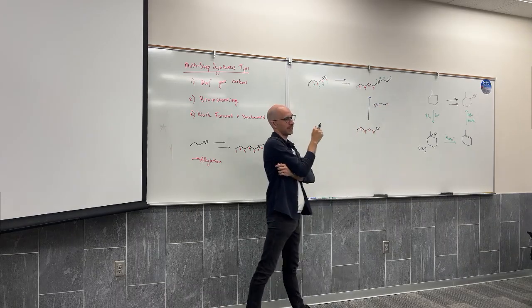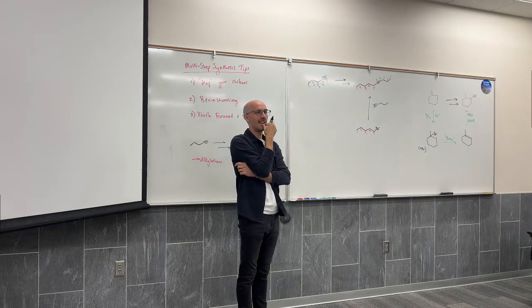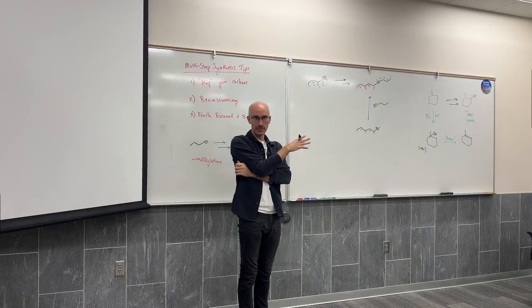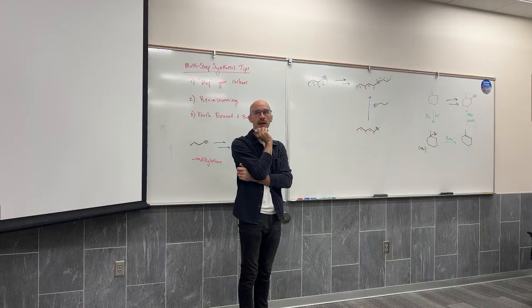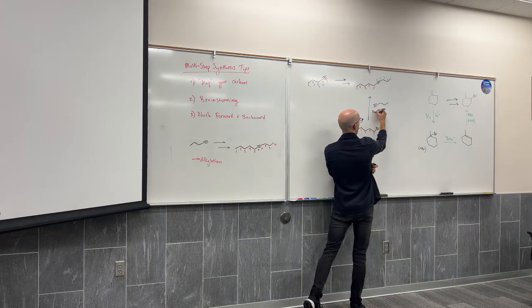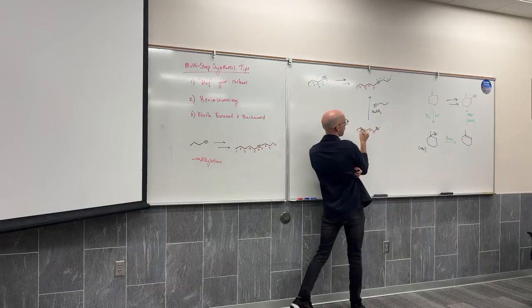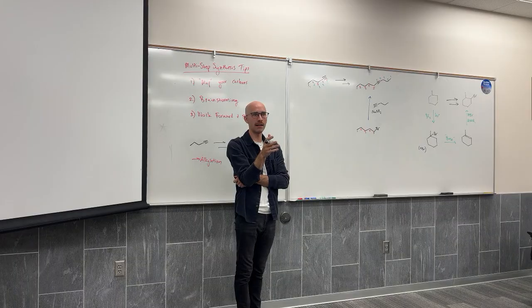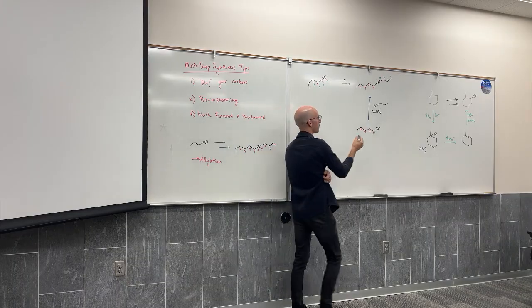So I could show this a couple of different ways. I could just show it already as a nucleophile, and I could have a little arrow that shows how I made that nucleophile. Or I could take this alkyne and show it with the reagent that makes it a nucleophile. That alkyne plus sodium amide will deprotonate it.